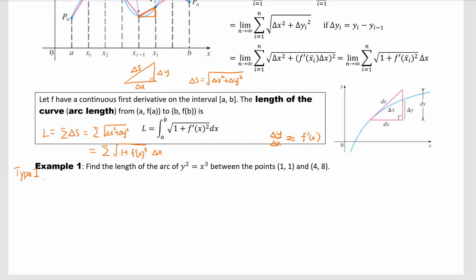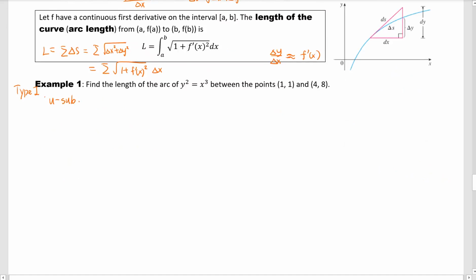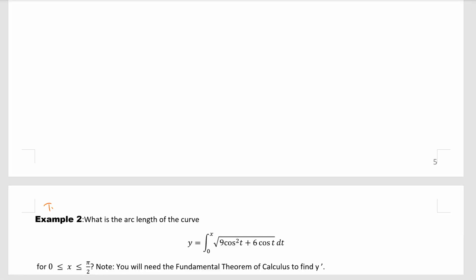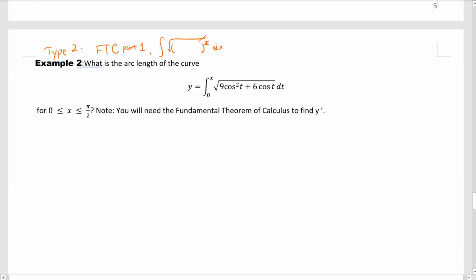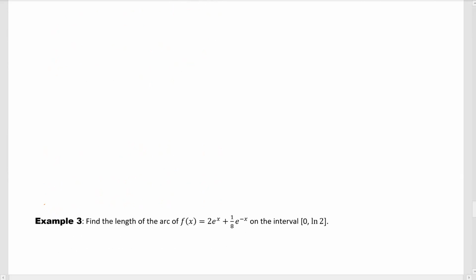The first type is that you can solve it using u-substitution, like example 1. The second type is like example 2. You can use the fundamental theorem of calculus part 1, and create a complete square inside the square root, so that you can cancel the square root and then continue to integrate.